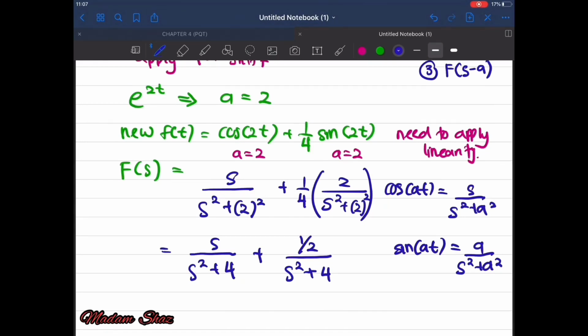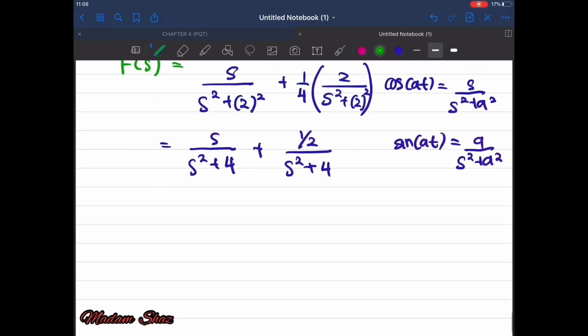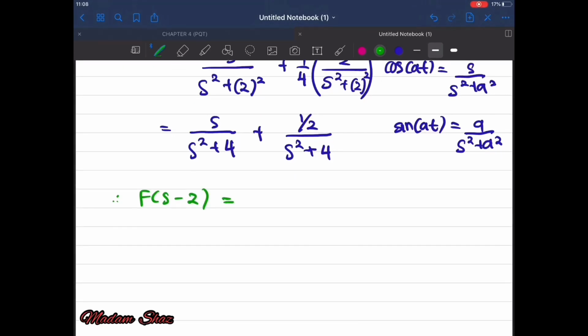So now continue for the last step. We have to shift the s here to become s minus a. From the first step, we have determined our a is equal to 2. F(s minus 2) is equal to: every position of F(s) that contains s, you have to shift the s to become s minus 2.